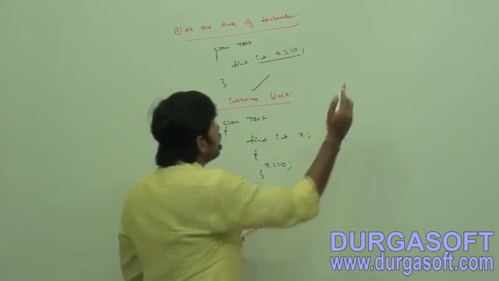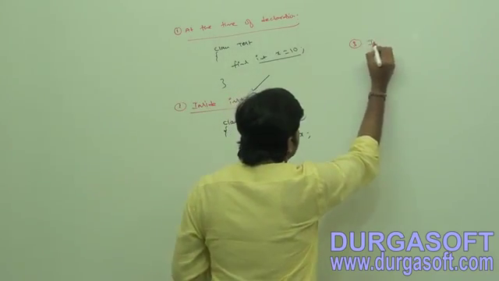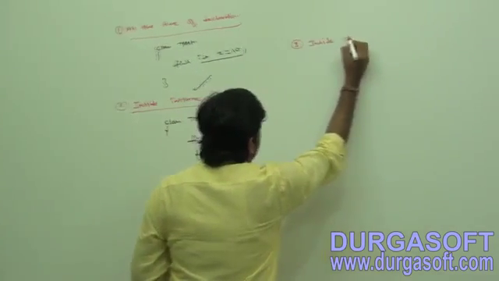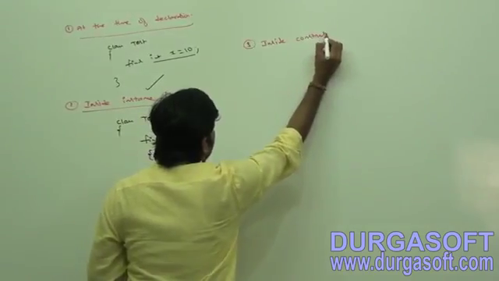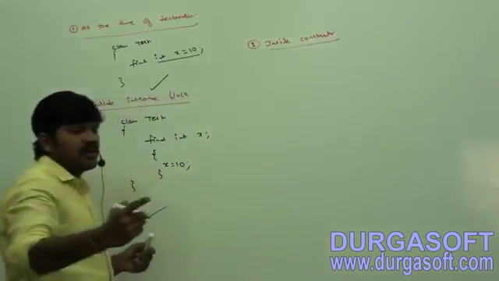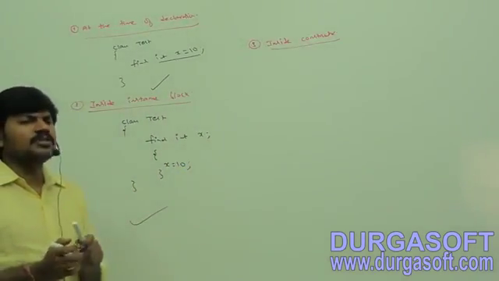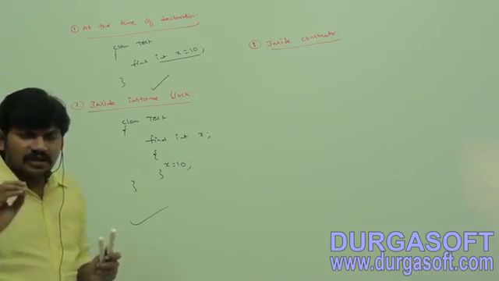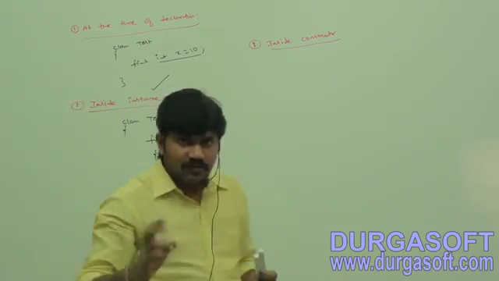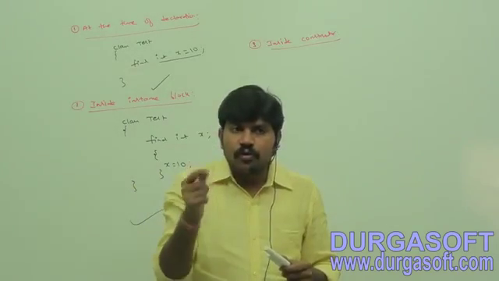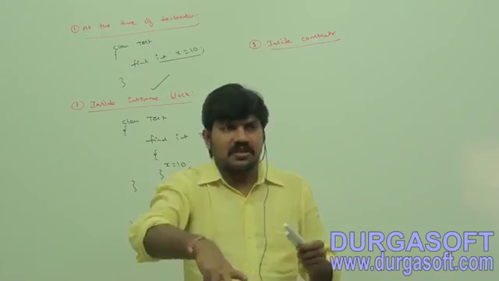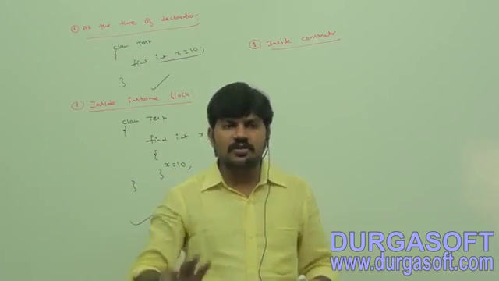Now the third one, inside the constructor. Have you observed the rule? For final instance variables, compulsorily we should perform initialization before constructor completion. So within the constructor also we can do that.